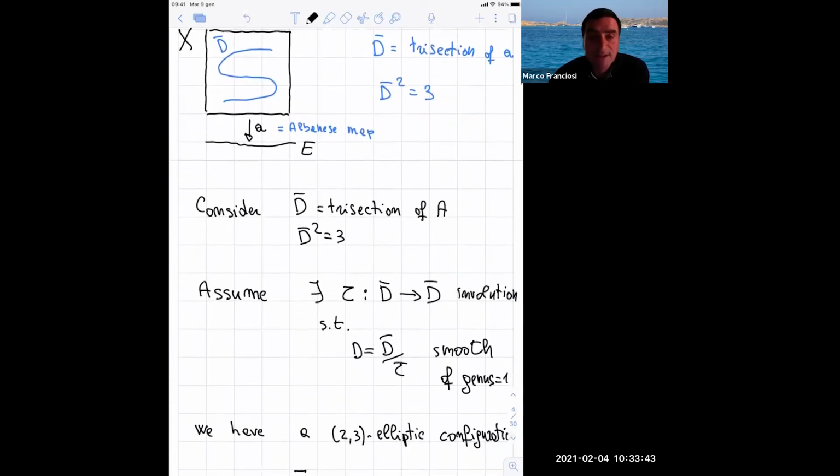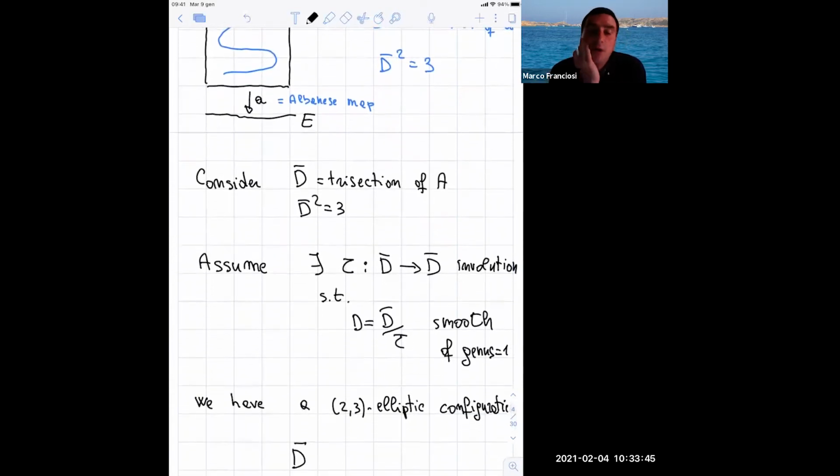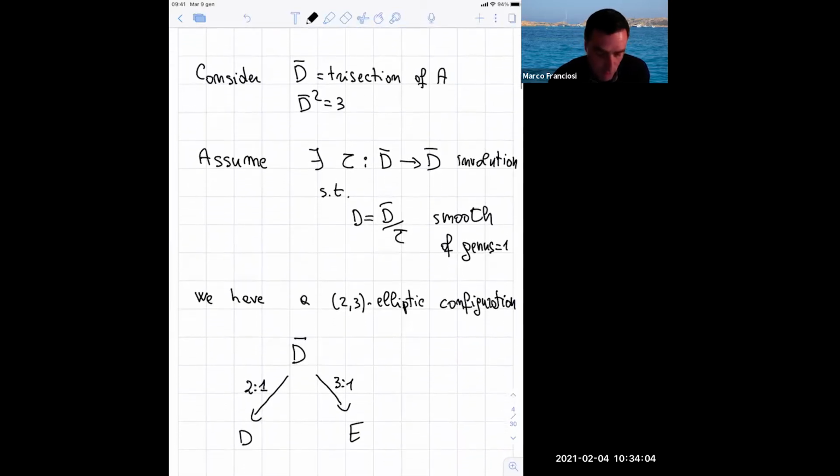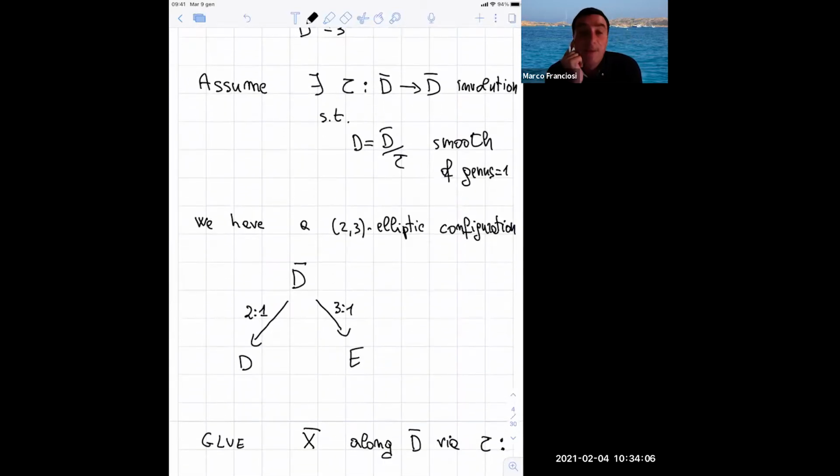And we assume there exists an involution tau on D bar such that D, which is equal to D bar over tau, is a smooth curve of genus 1, an elliptic curve. That means that we have what we call the 2-3 elliptic configuration.